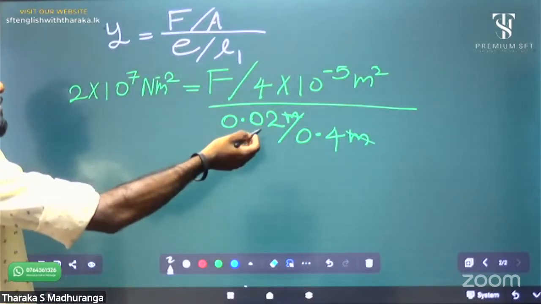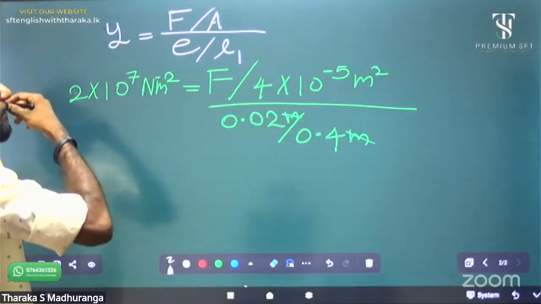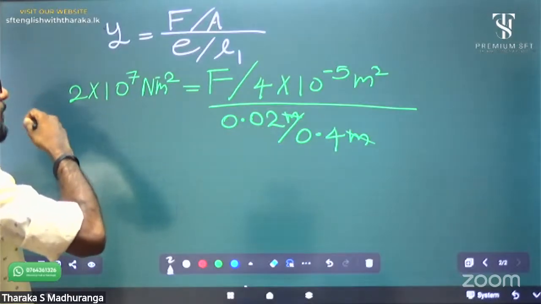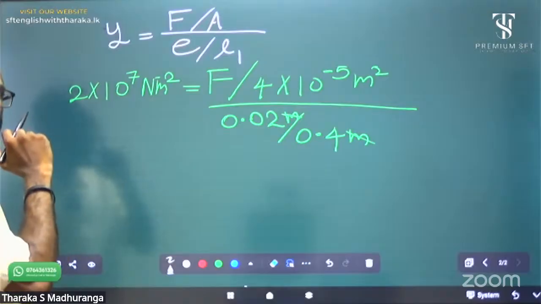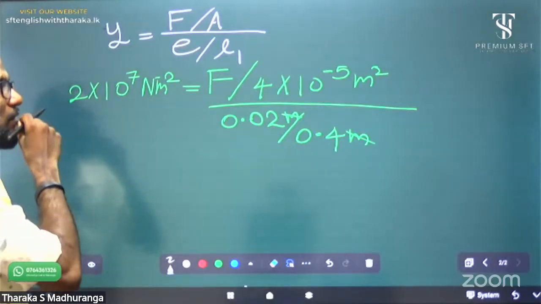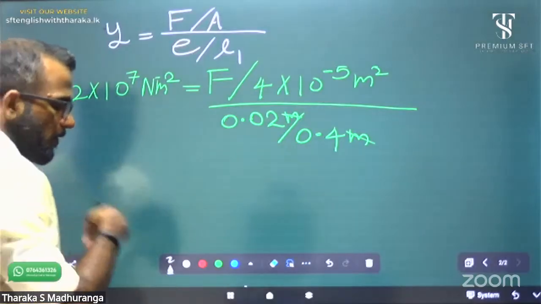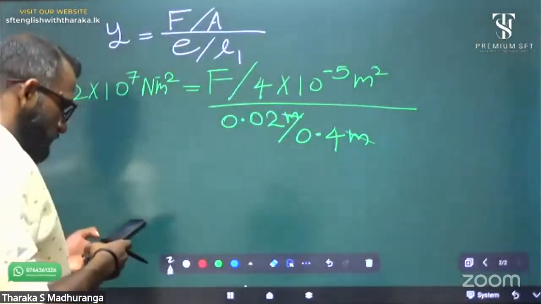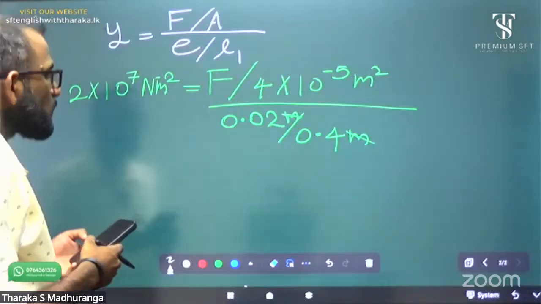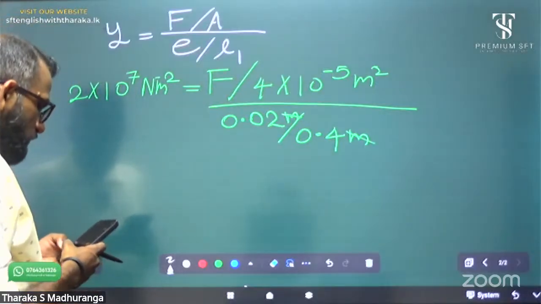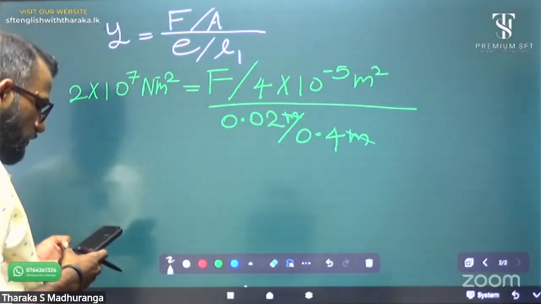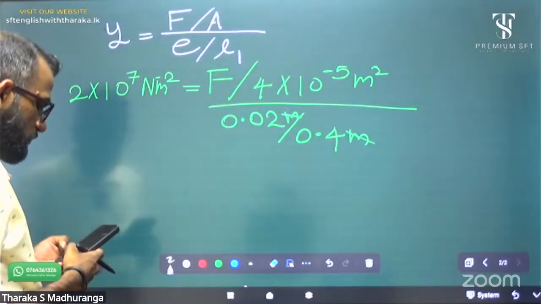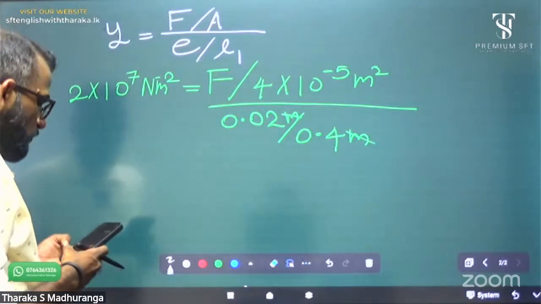Okay, you can cross multiply first, right? 0.02 divided by 0.4, multiplied by 2 into 10 to the power 7.